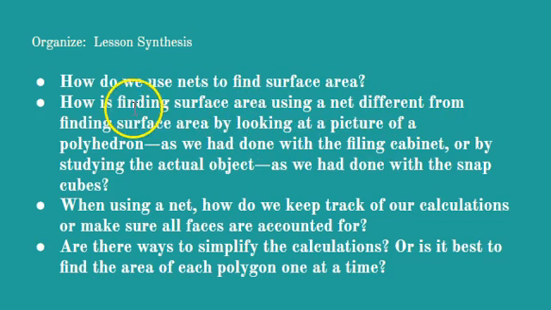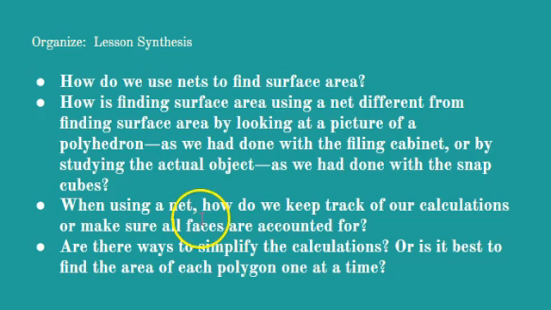Finding surface area of a net is not too much different from finding it on a picture, like we did with that filing cabinet, or with the snap cubes, except that with the net, we can actually draw it out onto something and physically look and count pieces instead of just counting on measurements.